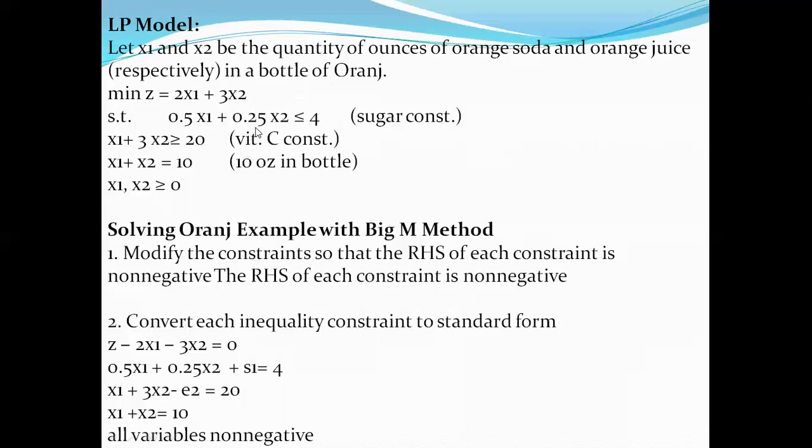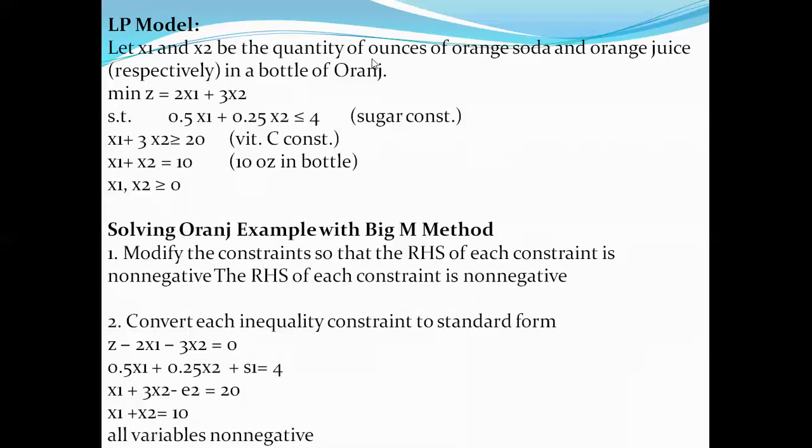Next one, that leads to the sugar content constraints. We need to calculate regarding the constraints that are existing within the mixture, because orange soda is again subclassified into 2 groups, that is composition of sugar plus vitamin C. Simultaneously orange juice also, by the composition variation, has sugar and vitamin C composition.